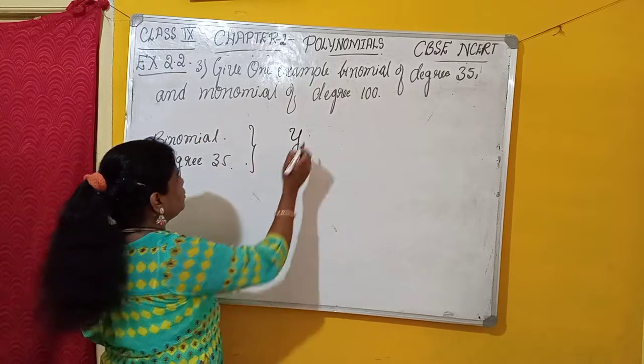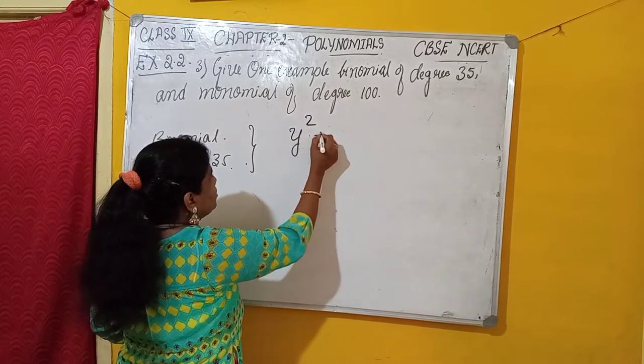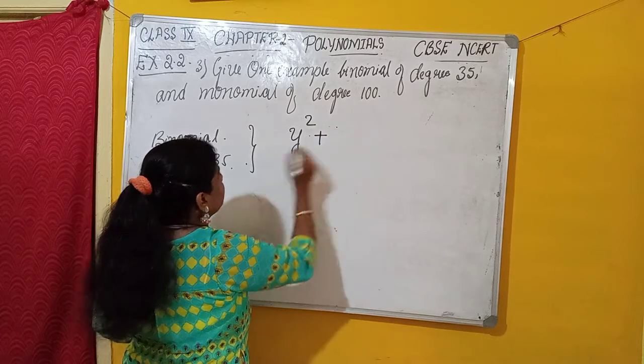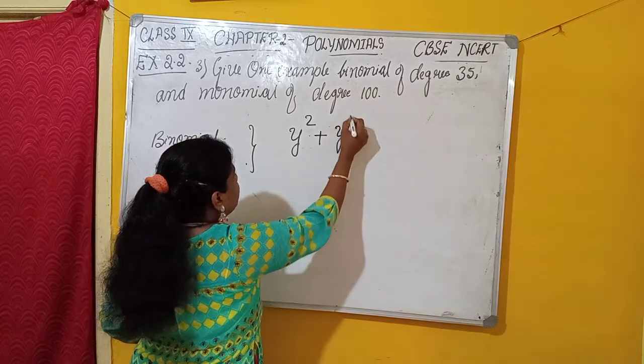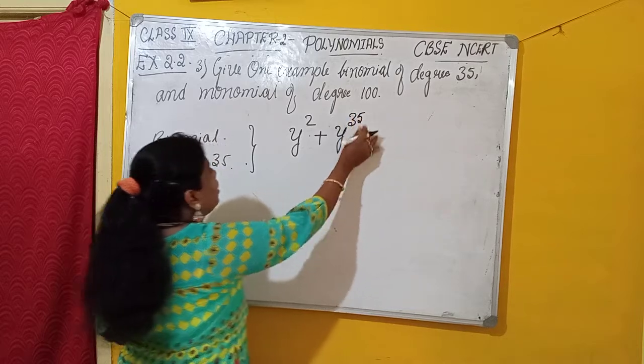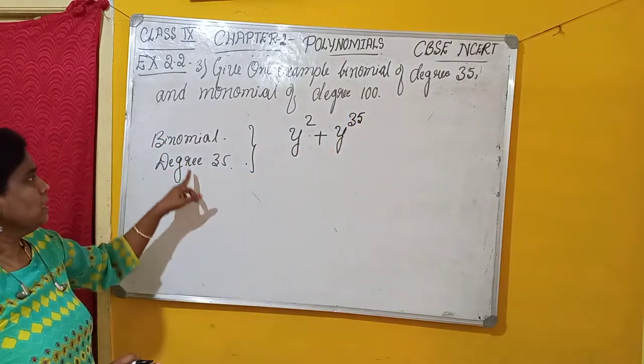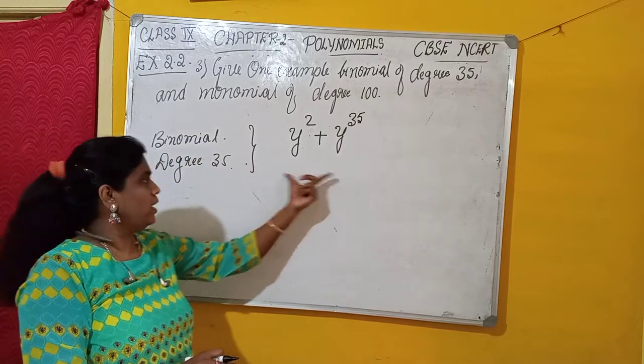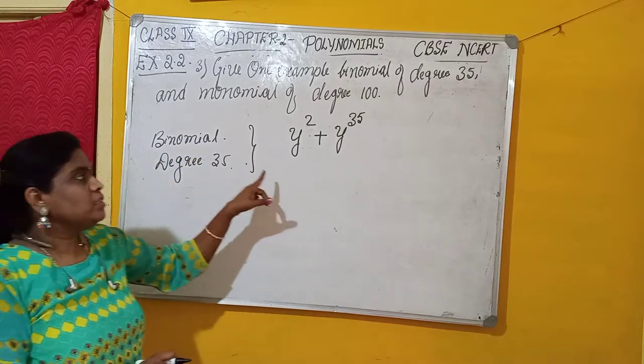Binomial, two terms it should have. y square plus, the degree should be 35, isn't it? y to the power of 35. Any variable, it should be a binomial. That means two terms are there and its degree is 35.